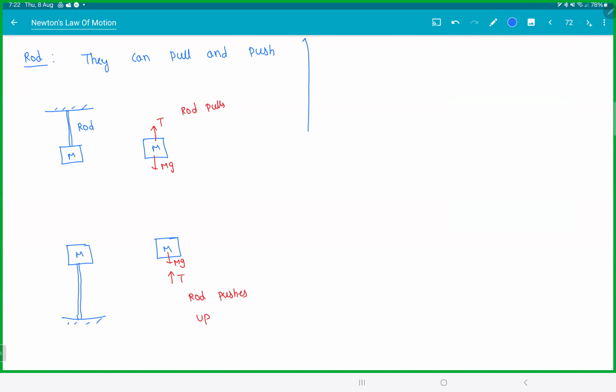So this is the thing. Whenever surfaces are touching each other, we call it normal reaction. When you have rods and strings, we call it tension. Strings can only pull. They cannot push.